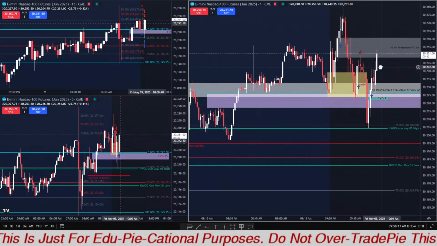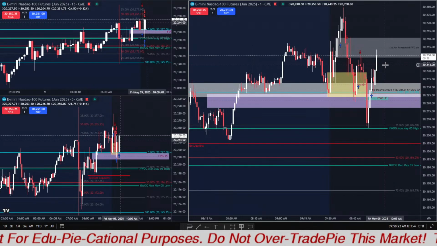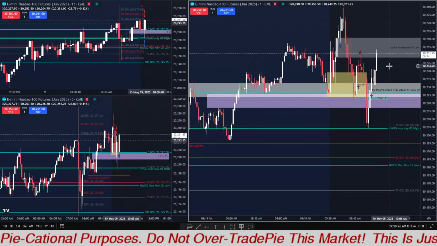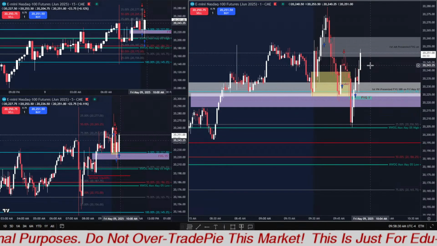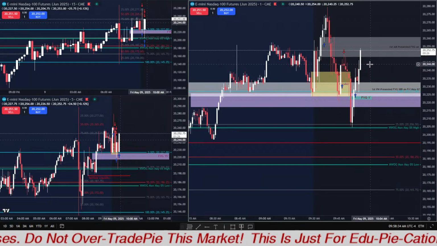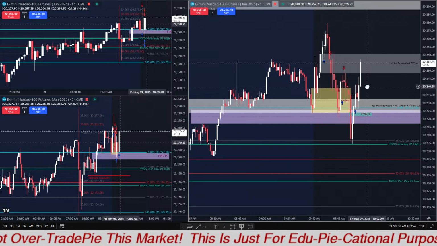We tapped into the first presented fair value gap of today, and I'm waiting to see if they are showing a reaction from here or no. How they are going to treat this first presented fair value gap will help me to engage for another setup.